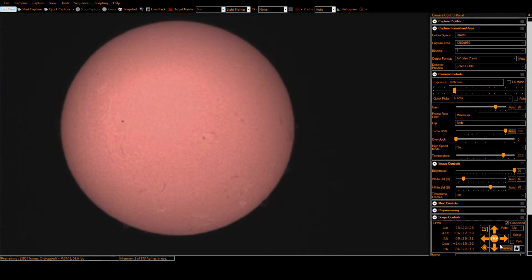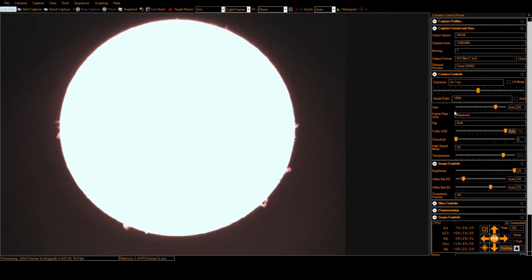With activity both looking straight at the sun and looking at the edge of the sun. And the magic of switching back and forth between those two is simply changing the exposure.